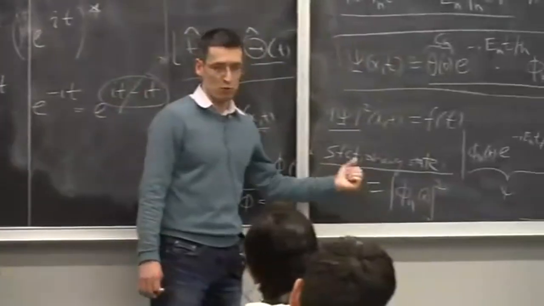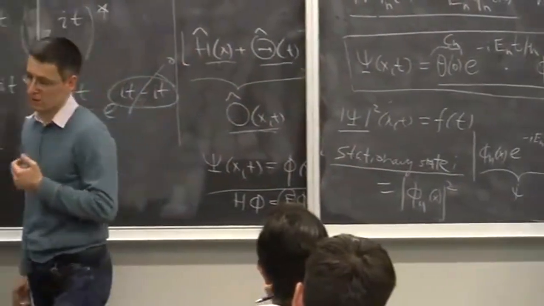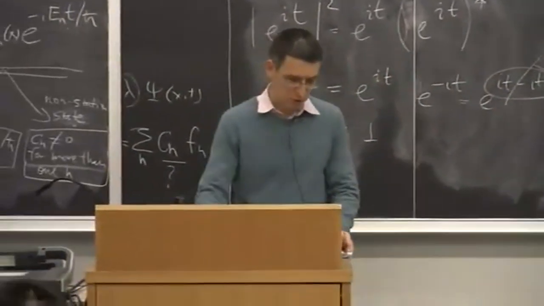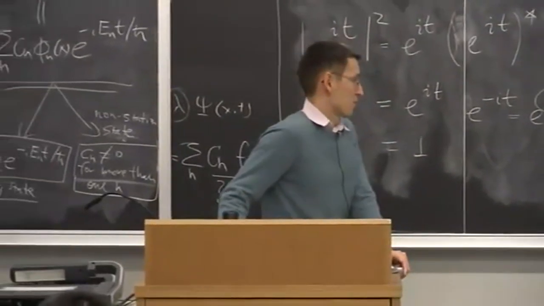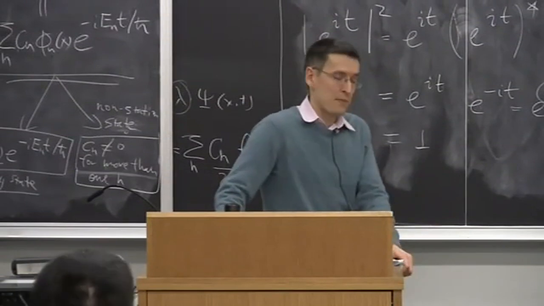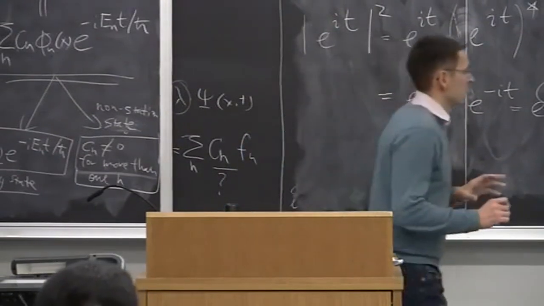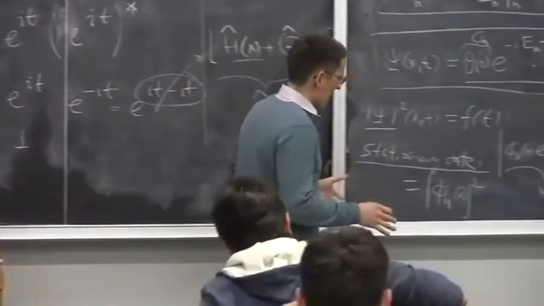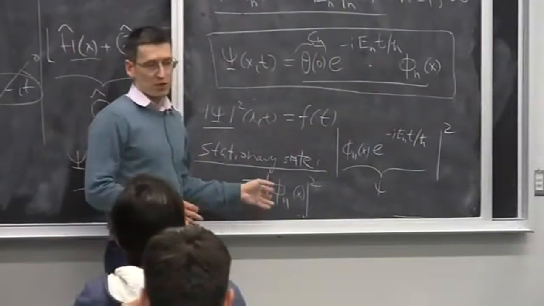Stationary states do not move, and there's nothing we can do about that, because the probability density is exactly the same in time. Now, to add to this weirdness, if we start measuring the position of the object, right?